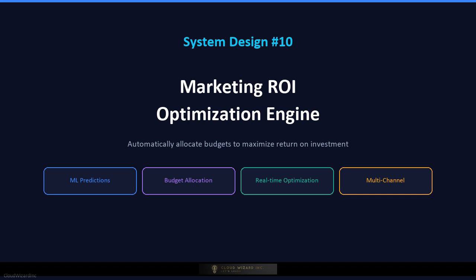We'll walk through the functional requirements, non-functional requirements, system architecture, end-to-end user journey, core models, low-level design, and the trade-offs that come up in a senior system design interview. Whether you are preparing for a FANG interview or building marketing optimization systems at scale, let's get into it.